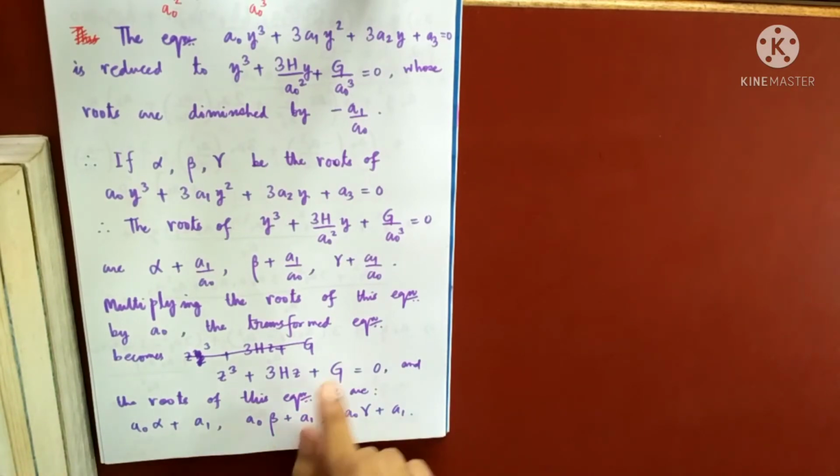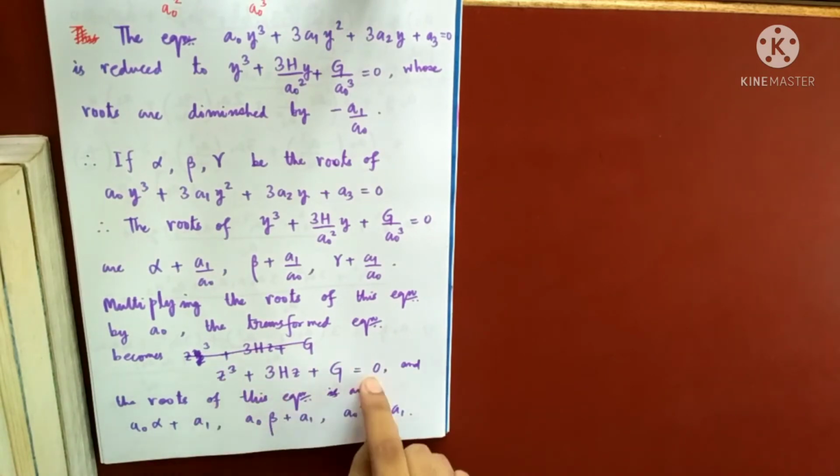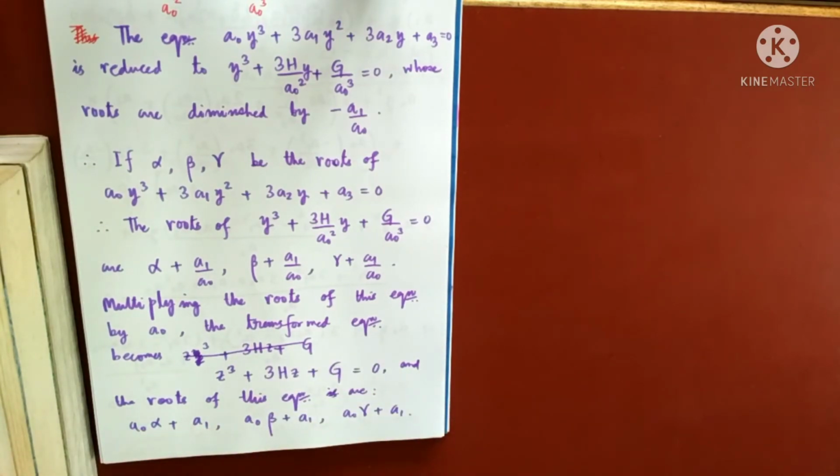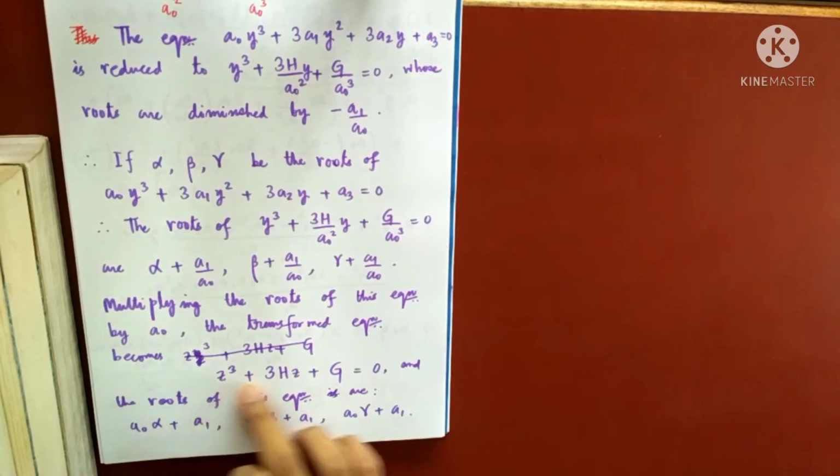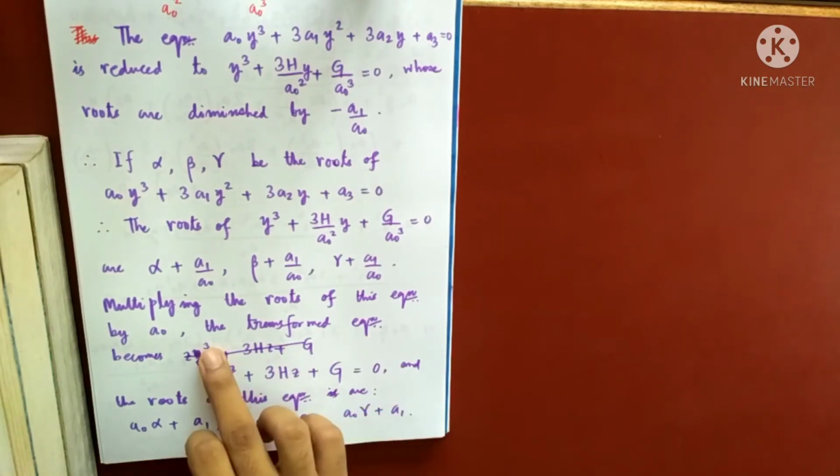If I know the roots of this equation, I can get the roots of the original equation: first dividing by a naught and then subtracting a1 by a naught. As simple as that. This is the reason we call this the standard form. Any cubic equation with binomial coefficients can be reduced to this form, and hence we will only use methods to solve this kind of cubic equation.